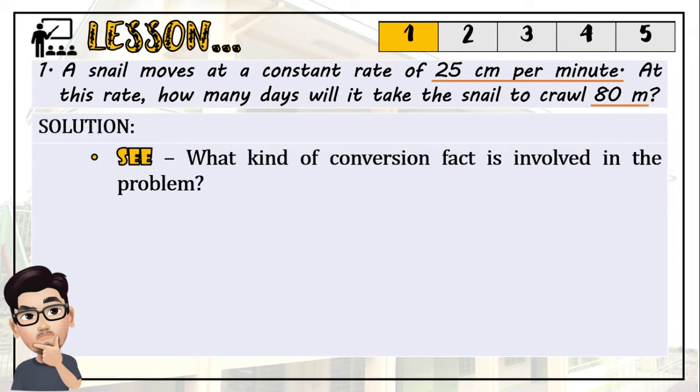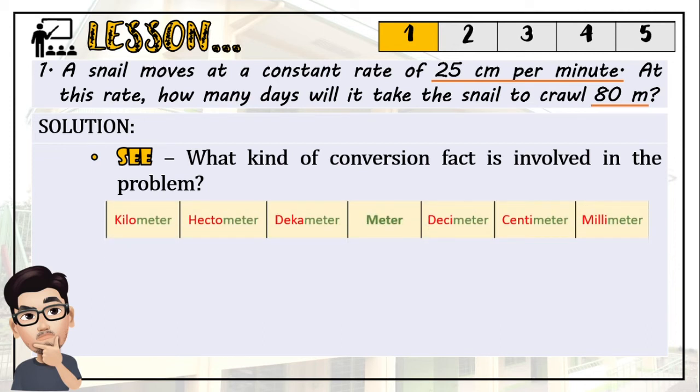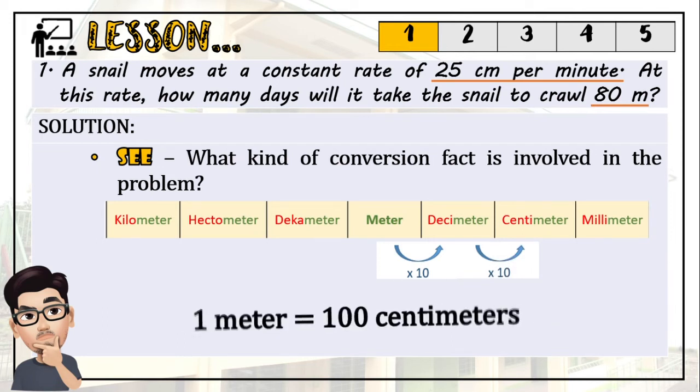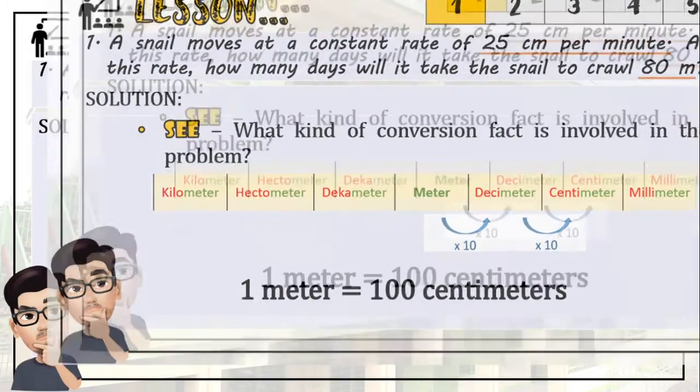As you can see, we have centimeters and meters, which are two different metric units. So we need to convert this to metric units from meter to centimeter. So that will be 2 hops from meter to centimeter, times 10 and another 10. So meaning 1 meter is equal to 100 centimeters.